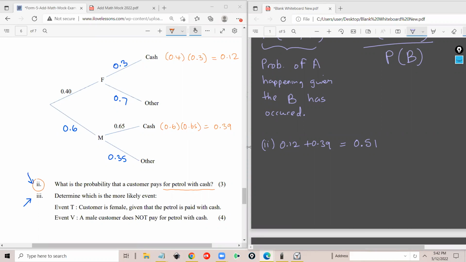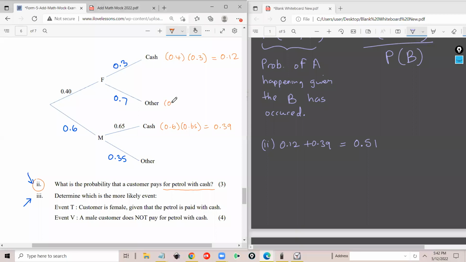All right, so for part 3, determine which one is more likely. Well, first of all, let's just complete all the other probabilities here, right? What's the probability of being female and paying with the other means?